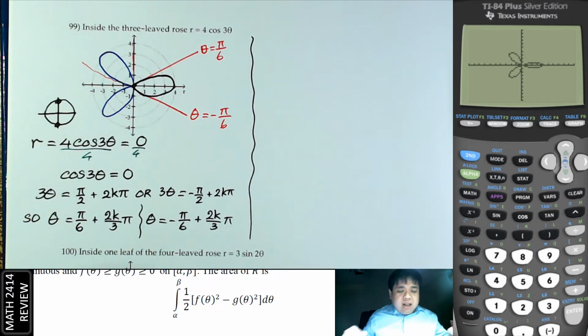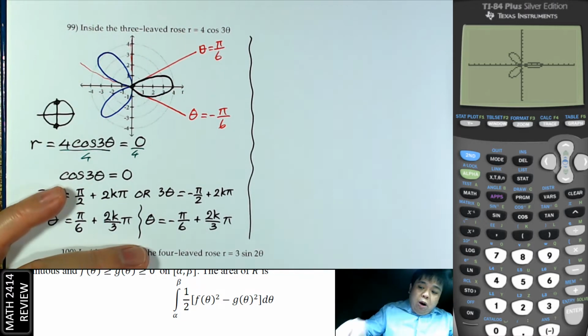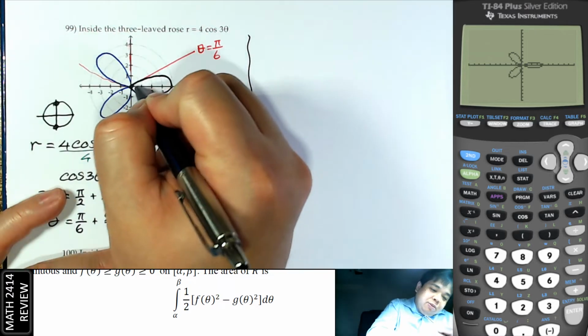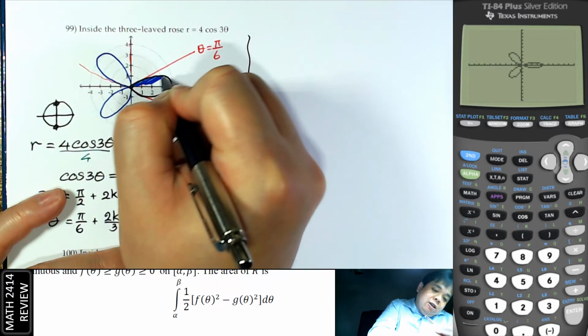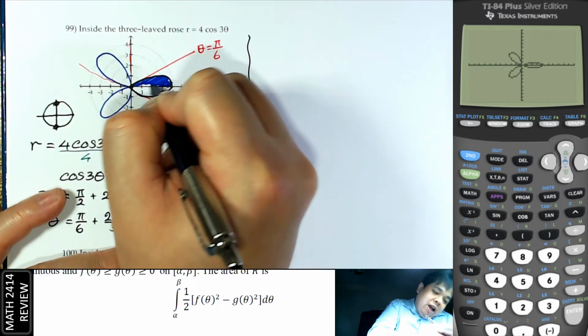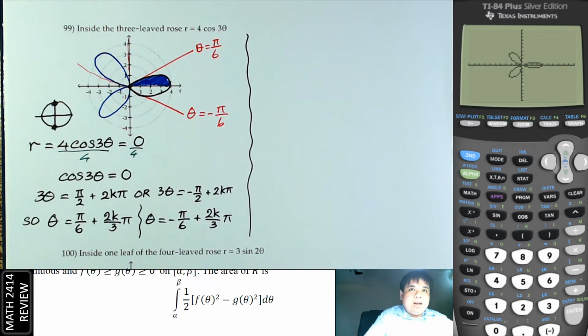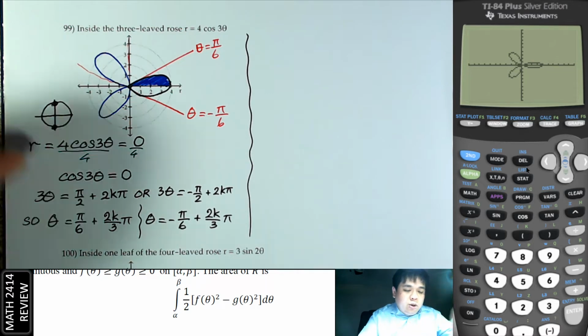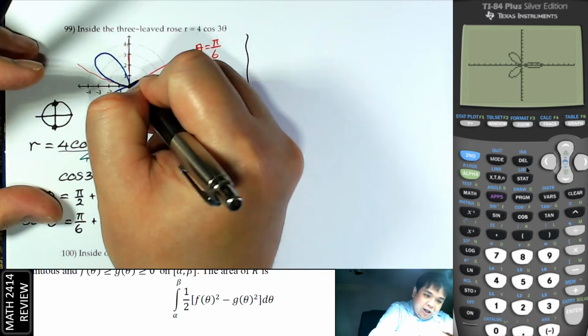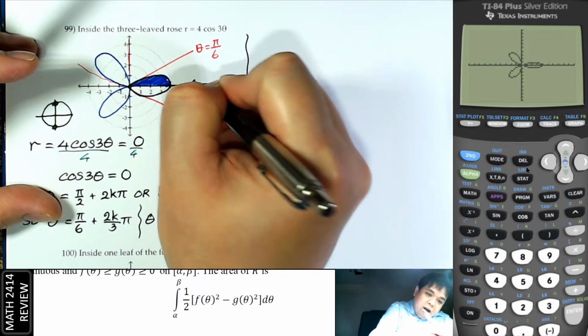Now the petal itself is symmetric. So if we want to, we only need to graph this part. The area of half of the petal times 6 will be the area of the whole thing, right? So we know that from here theta is equal to pi over 6 is 0.